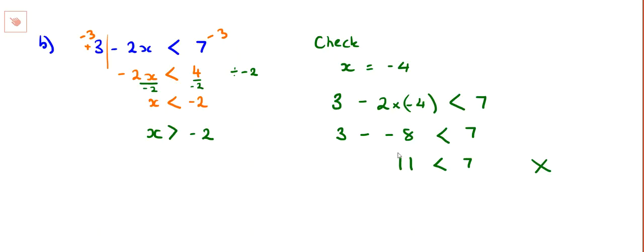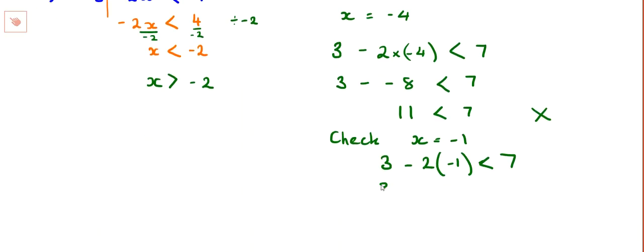Because now, for instance, if I do a second check with something bigger than -2, -1 if you want, check with x equals -1. Now we've got 3 subtract 2 times -1 should be less than 7. I don't change the sign on that bit. So we've got 3 minus -2 should be less than 7, and 5 should be less than 7. Now we're right, just by swapping the sign around.